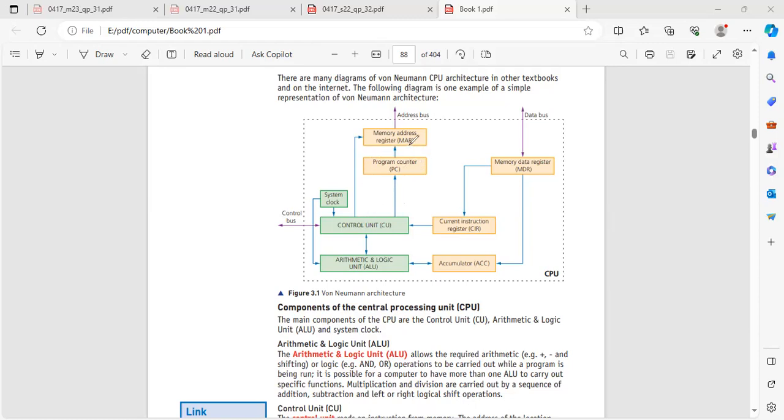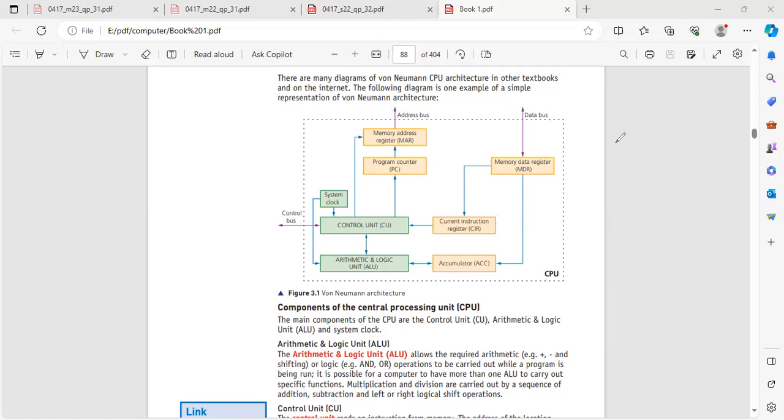The control unit is also connected with the memory address register, MAR, and the CIR is also connected with the CU. The accumulator is connected with the ALU. So the accumulator also gives input to the ALU and also takes the result produced by the ALU and holds it. Then it has MDR. The data bus holds data and this data will be held in the MDR register. This is also connected with CIR.